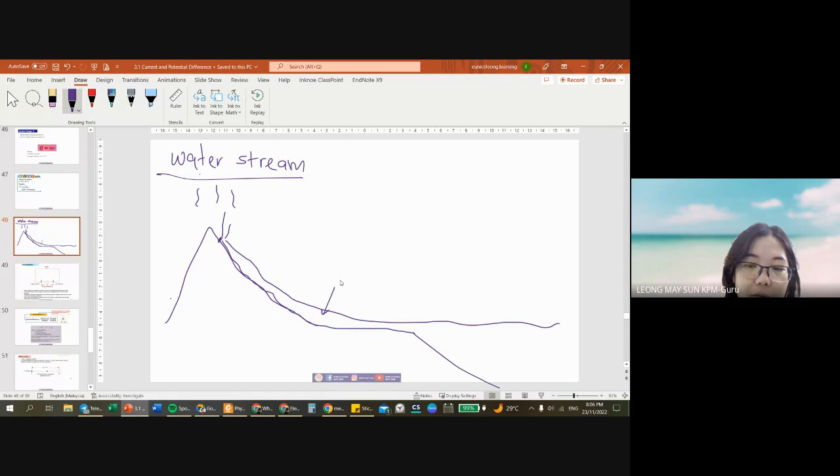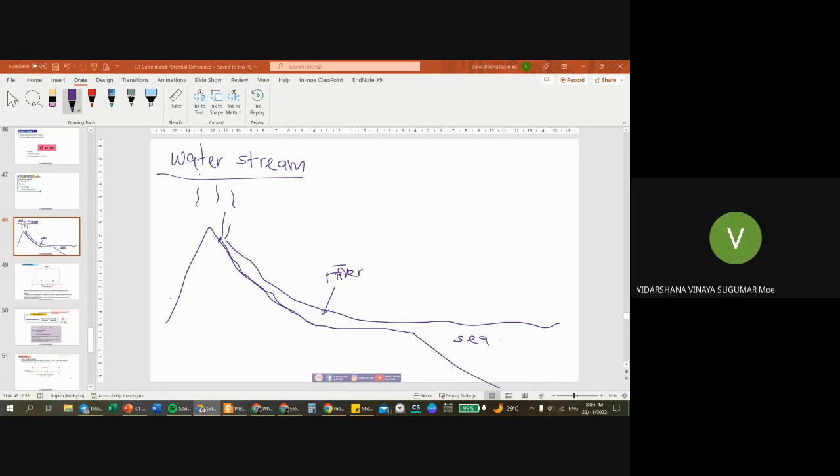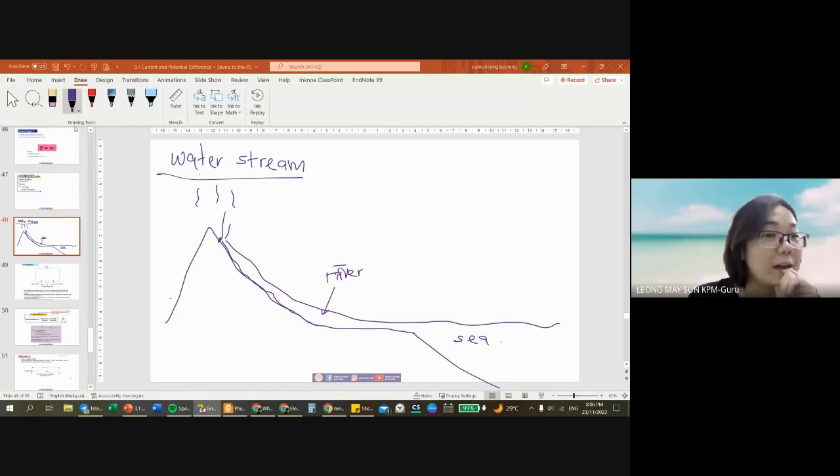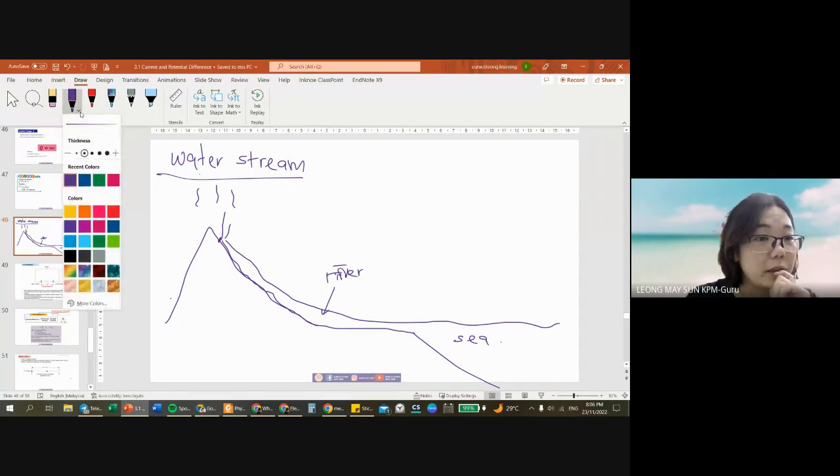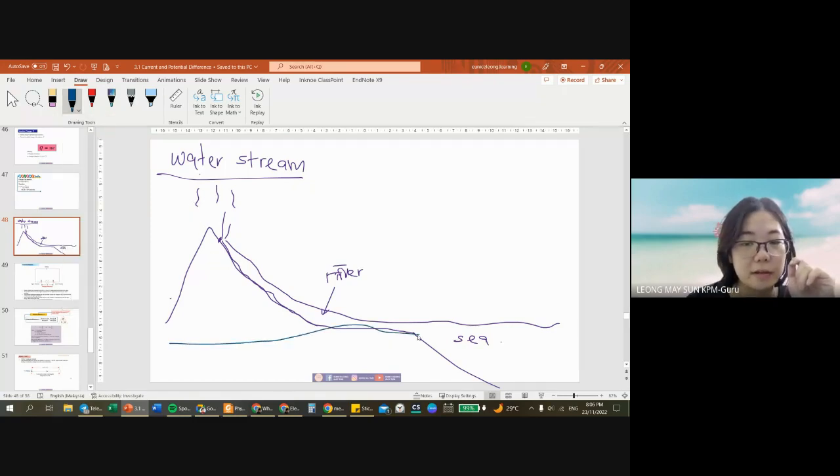So this is the river, and then this is where the sea is located. Now, why does the water flow downwards actually? Anyone knows? Why does the water flow down? It's moving from an area of higher gravitational potential energy. So when we are from the surface of Earth up until a certain height, it will have a gravitational potential energy.